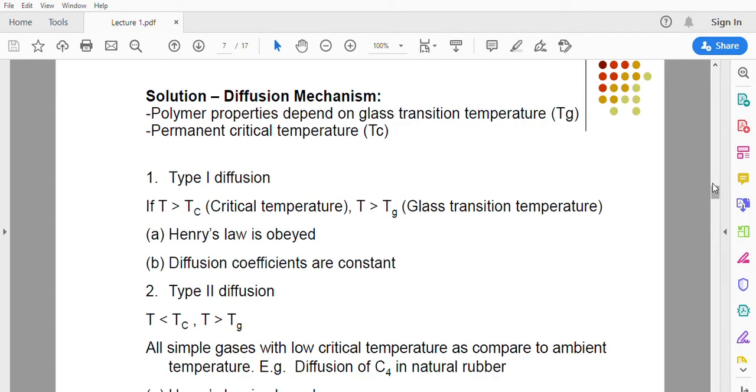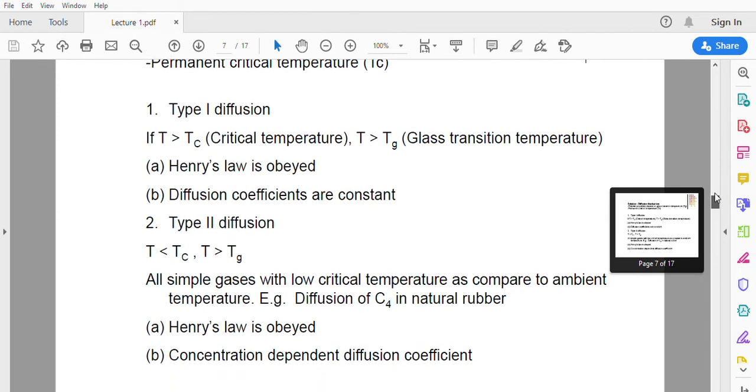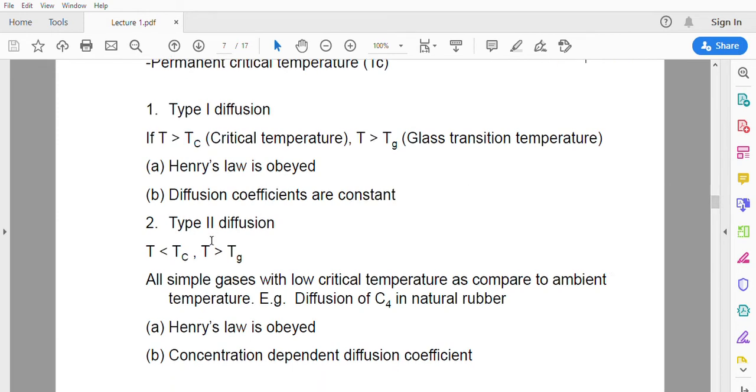Now the second condition is if the environment or process temperature is less than the critical temperature of the gas but higher than the glass transition temperature. This means the gas which you want to separate out is below its critical temperature, but your membrane is above the glass transition temperature.